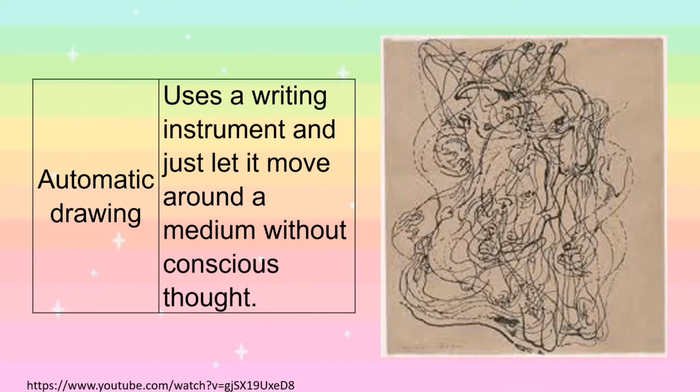As you can see, it uses a writing instrument and just lets it move around a medium without conscious thought. As you can see, it is like a doodle drawing. So another way to enjoy automatic drawing, my art professor taught us: put some music of your choice and also turn off the lights.